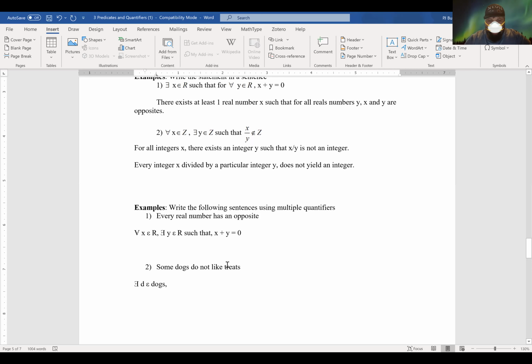Some dogs do not like treats. So the next element is for all, and I just used Y, but maybe we can use T this time, since it's treats, so T is an element of treats.